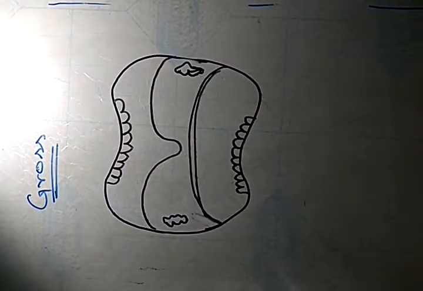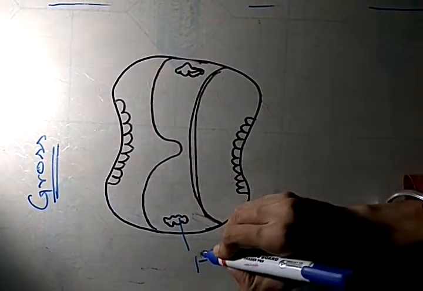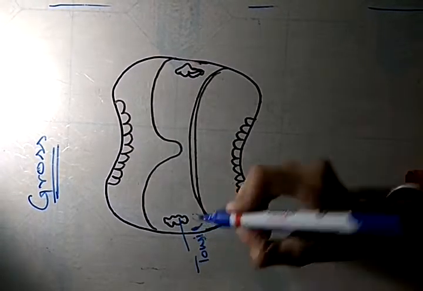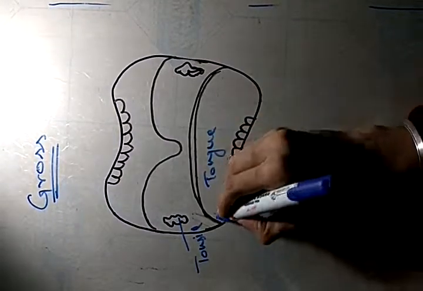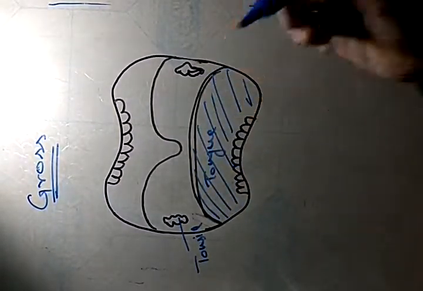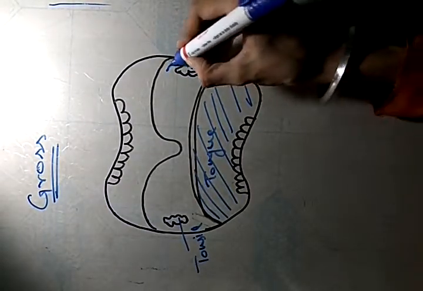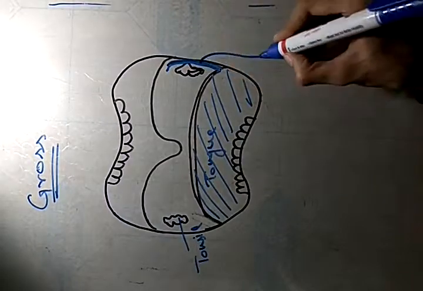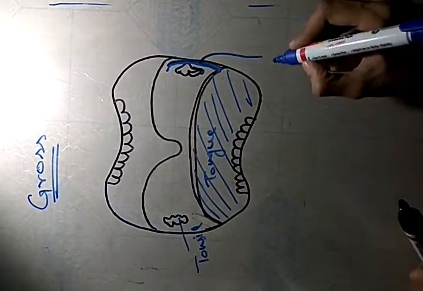So now one thing that is to be shown in this diagram is tonsil, tongue, shade it. Then this is our palatopharyngeal arch.